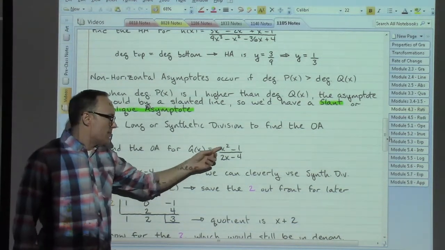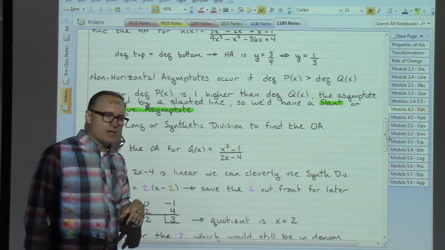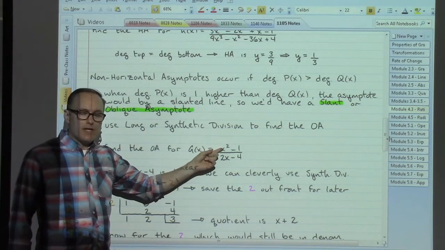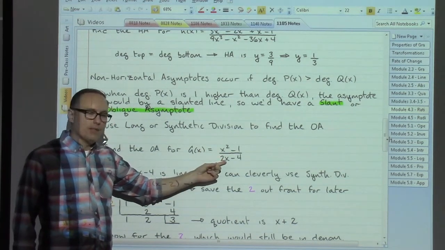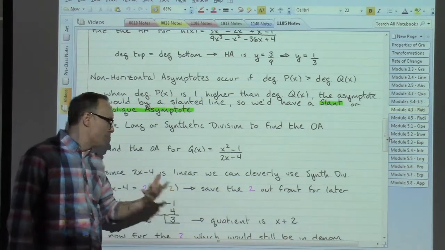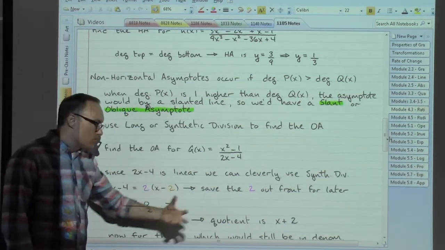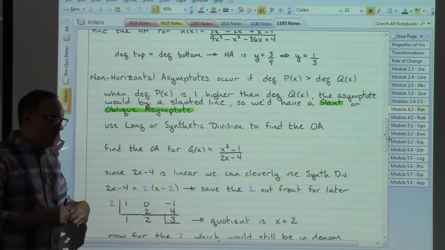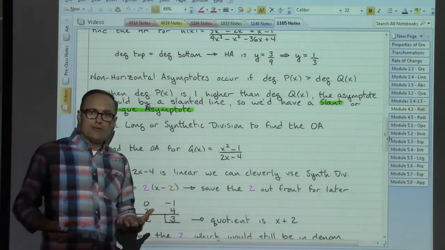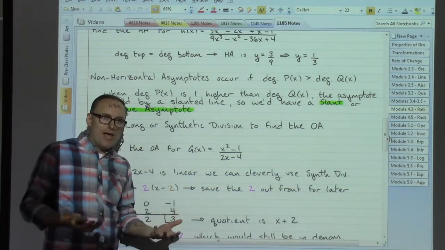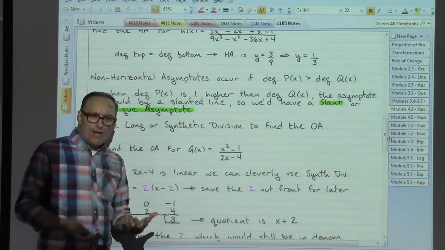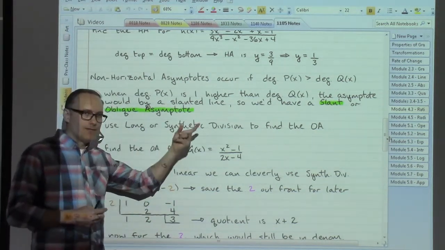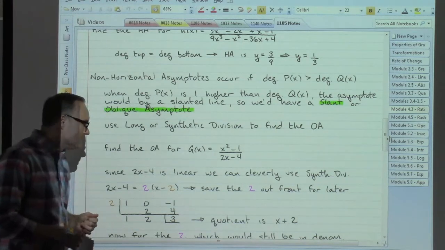So for x squared minus 1 over 2x minus 4, the top has a degree that is 1 higher than the bottom, degree 2 versus degree 1. We are going to get some sort of linear expression that we can then turn into a linear equation, a linear function, as our slant, aka oblique asymptote.